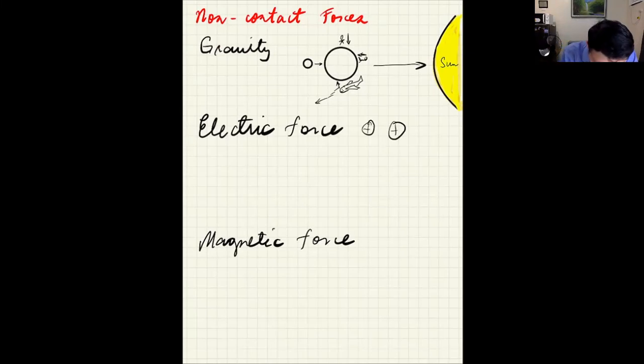So the force will be repulsive. So they want to move away from each other. Now, what if you have, let's say, positive and negative? Now, unlike charges will attract each other. Positive, negative, attractive force. Okay?